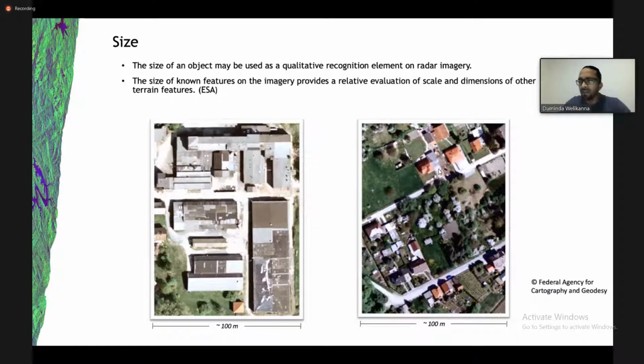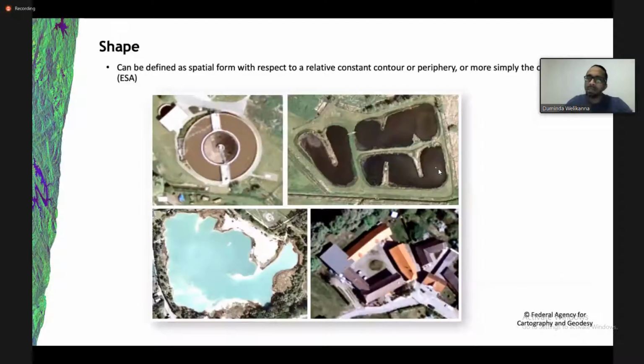Size is a visual element, and maybe you will be able to write a code that runs on top of the image, searching for rectangular shaped objects with rectangular sizes. That means a square area, right? So it's qualitative, most of the time not quantitative. So size is an element used for visual interpretation of satellite images.